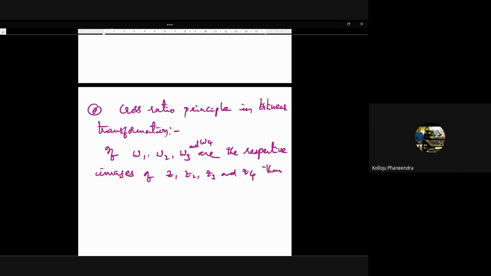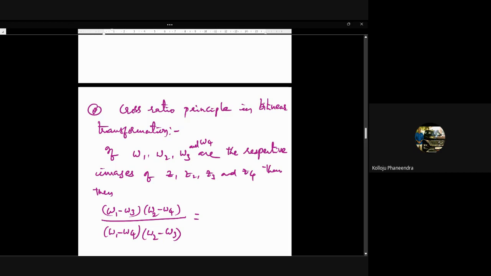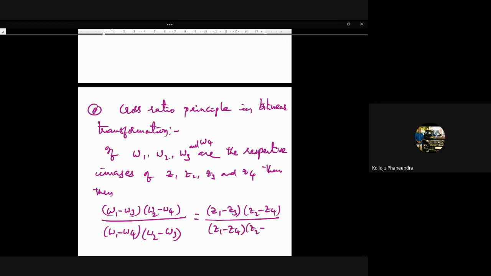Then what is the cross ratio here? W1 minus W3, W2 minus W4, whole by W1 minus W4, W2 minus W3, equal to Z1 minus Z3, Z2 minus Z4, whole by Z1 minus Z4, Z2 minus Z3.